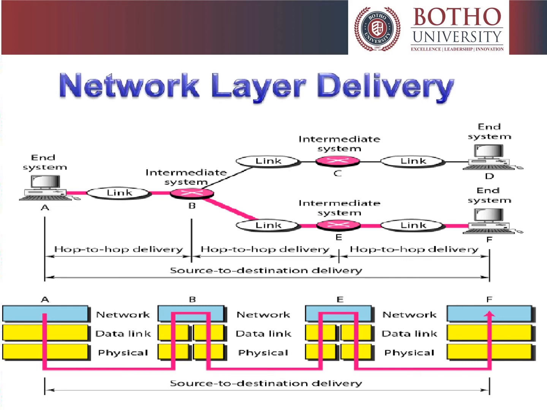The router B makes a decision based on the final destination of the packet. This router uses its routing table to find that the next hop is router E. The network layer of B sends the packet to the network layer of router E. The network layer of E will then send the packet to the network layer of the end system F.